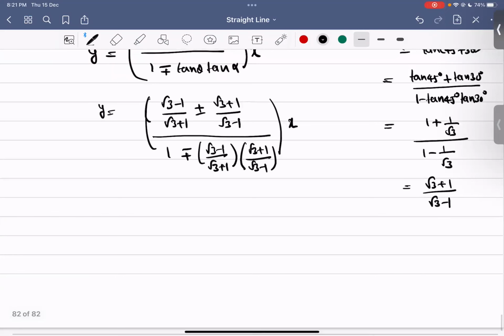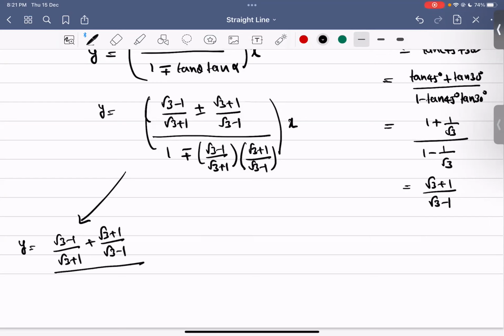Now with the plus sign, you will get one line equation, the required line, that is y equals (root 3 minus 1) by (root 3 plus 1) plus (root 3 plus 1) by (root 3 minus 1) over 1 minus (root 3 minus 1) by (root 3 plus 1) into (root 3 plus 1) by (root 3 minus 1) into x.